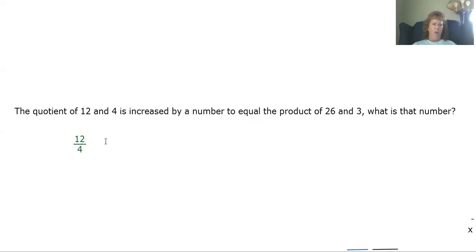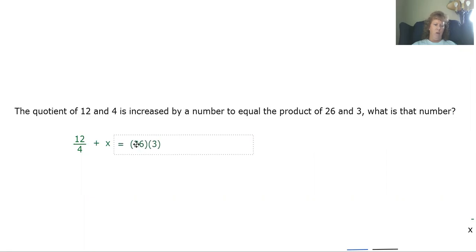And if I increase that, that will be add, increase by a number, x, to equal the product, so I'm going to be multiplying 26 and 3.